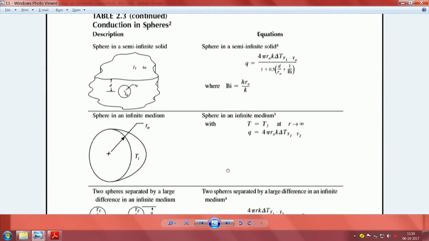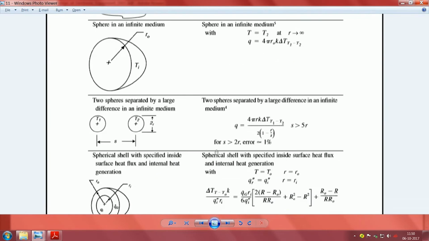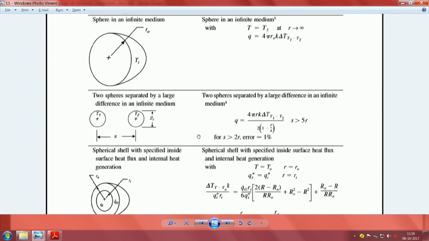So, we have a sphere in a semi-infinite solid, a sphere in an infinite medium. It goes on like two spheres separated by a large distance in an infinite medium.